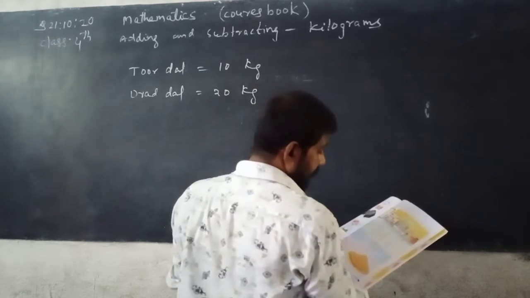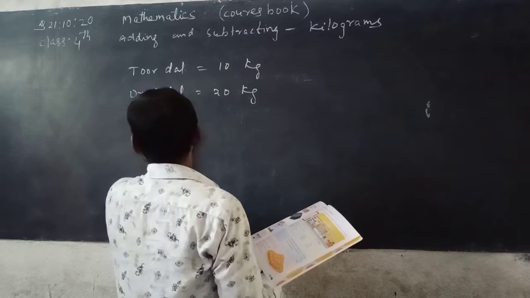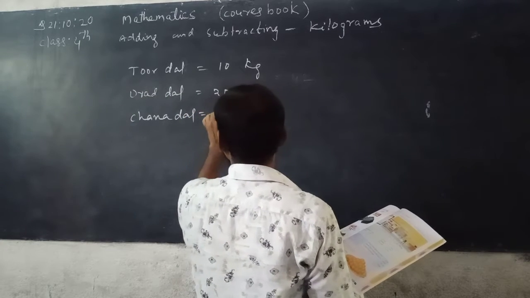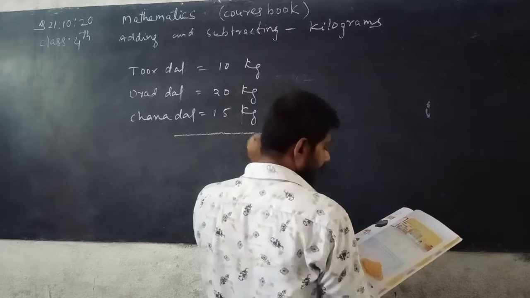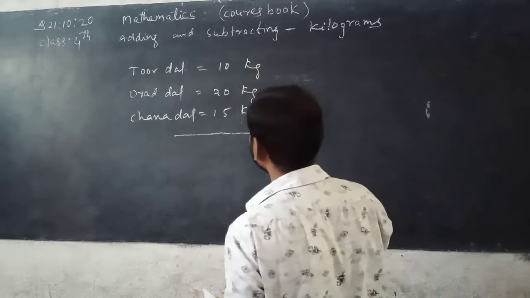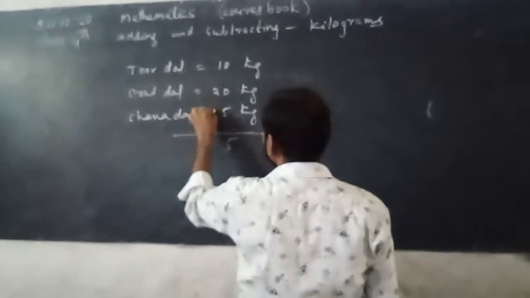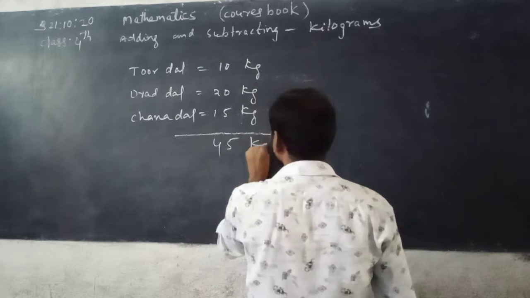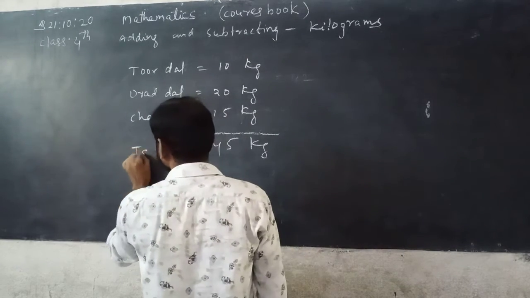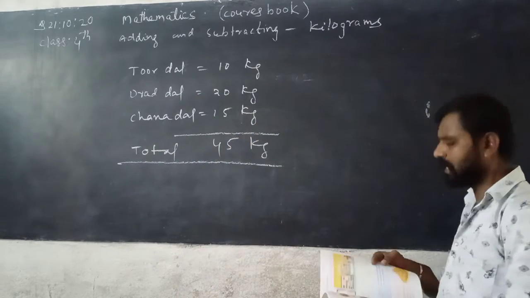Next, chana dal is equal to 15 kg. See, add it. So here 0, 0, 5. 0 plus 0 plus 5 you get 5. 1 plus 2, 3, 3 plus 1, 4. Now you get 45 kg. So total is equal to 45 kg.